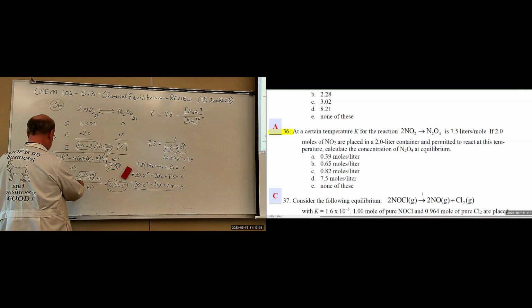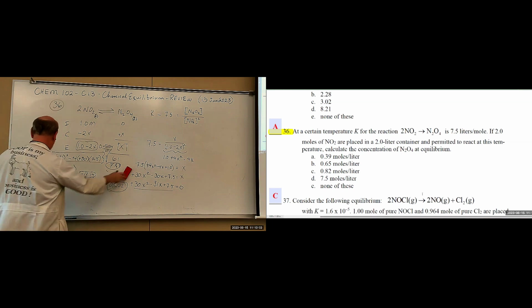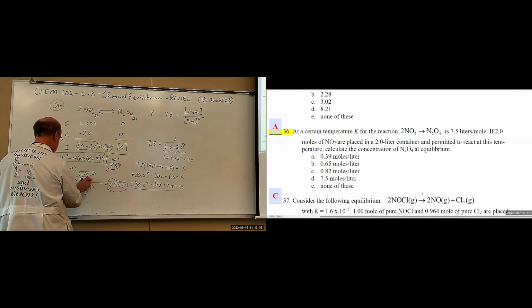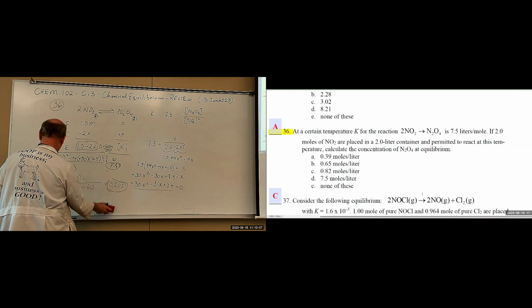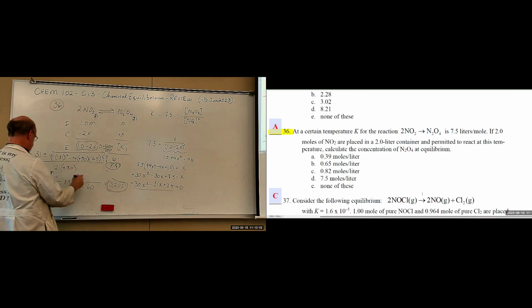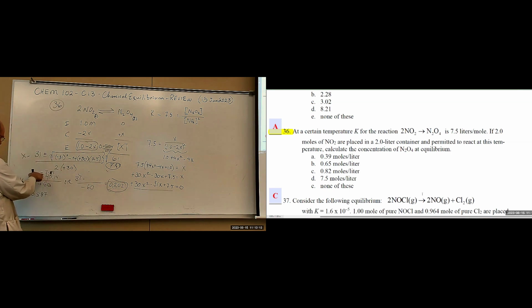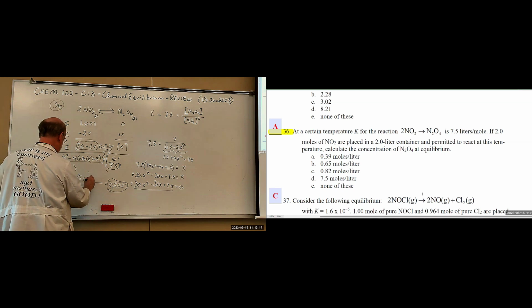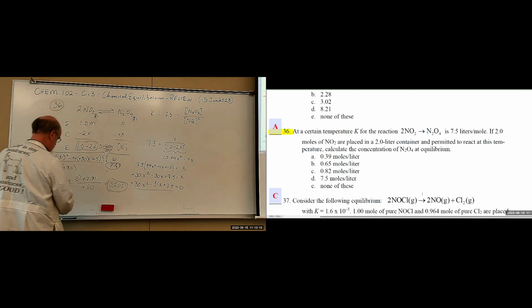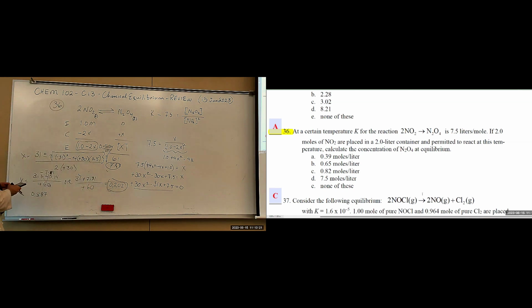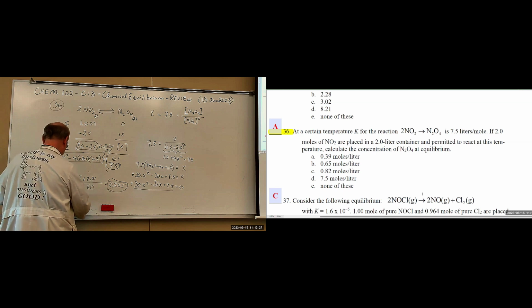And then this one is negative 7.81. Wait a minute, that was negative. So that's the negative one, and this is the positive one. And this is 0.647.